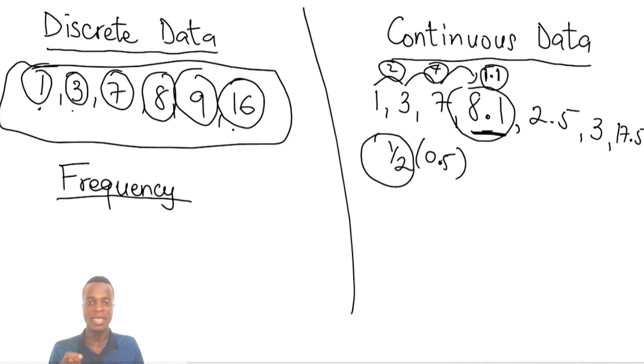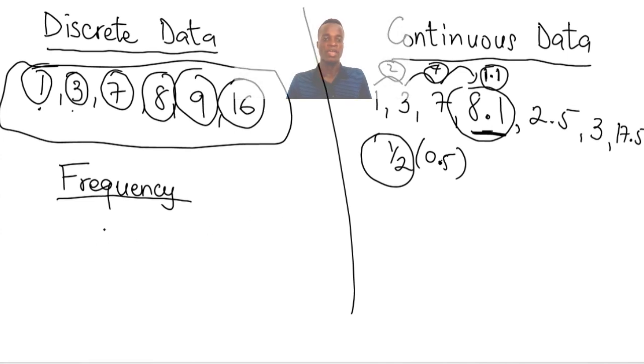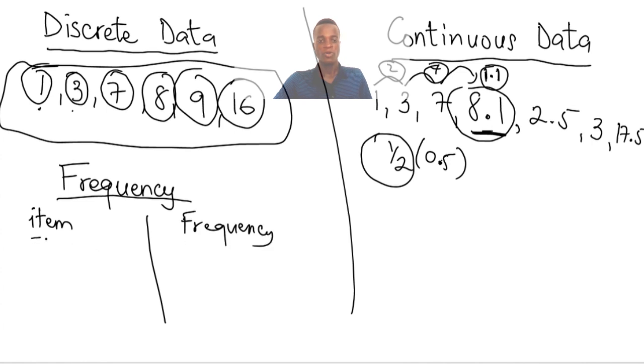How many times the element 16 appears in this data is what we call the frequency. How frequent it appears in the data that we have. So how frequent does something appear? That's what we call the frequency of that data. So for this particular example of discrete data, item 1 appears how many times?